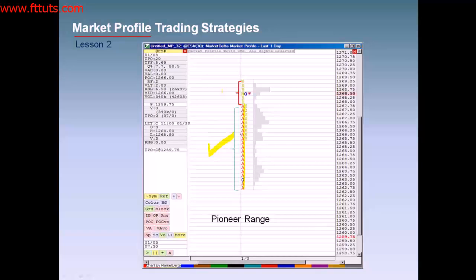The second pioneer range was when we got into the B period and we started a range extension. As we got into this range extension, prices went into some new territory. That's the first time that they hit this price range in this second pioneer range. So in this picture before you, you actually see two pioneer ranges.